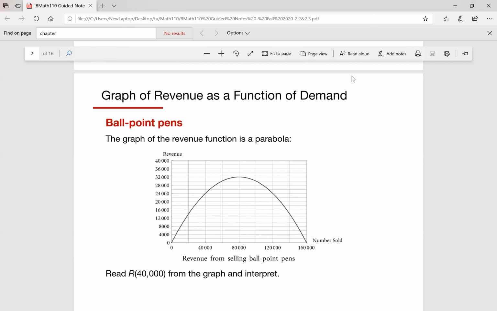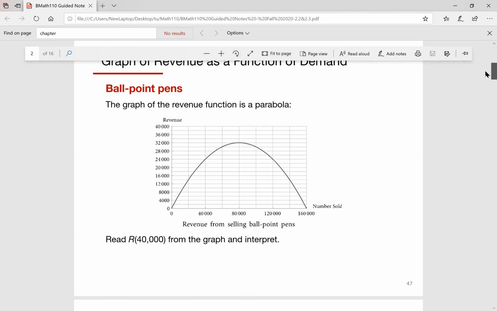Graph of revenues as a function of demand. So let's do an example here. This is simple, talking about ballpoint pens.